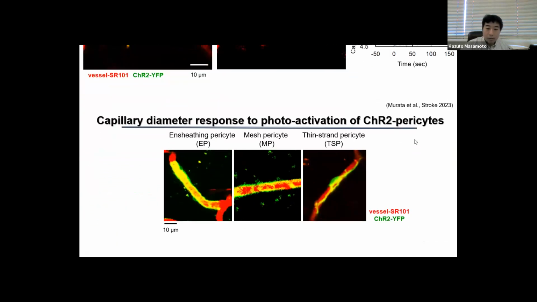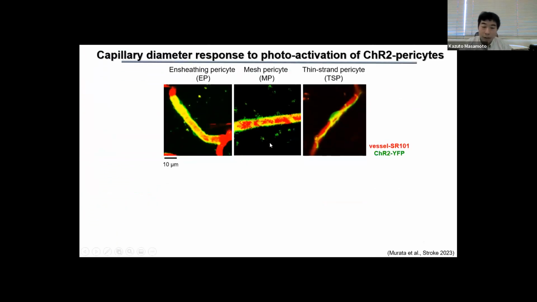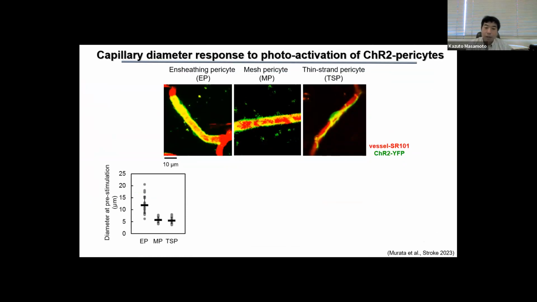This is consistently observed regardless of the pericyte types. You know the ancestral pericyte, mesh pericyte, syncytial pericyte, depending on the location of the capillaries and their shape, all these pericytes consistently activate. The only difference is the baseline diameter.